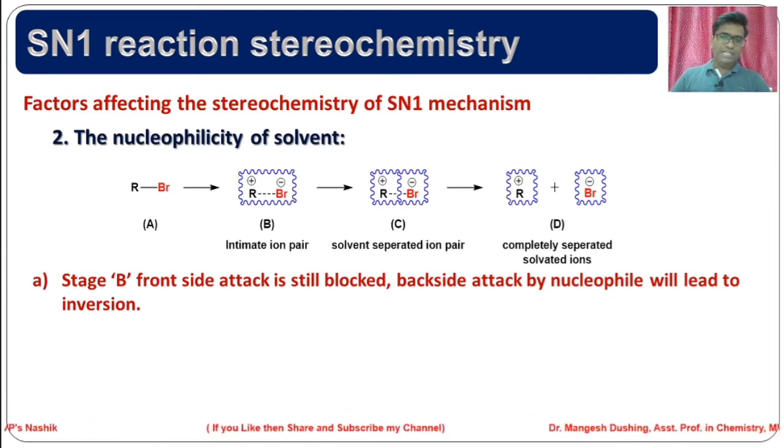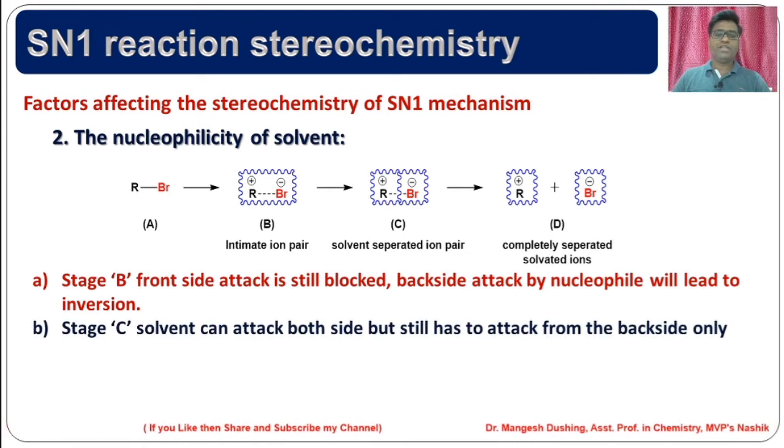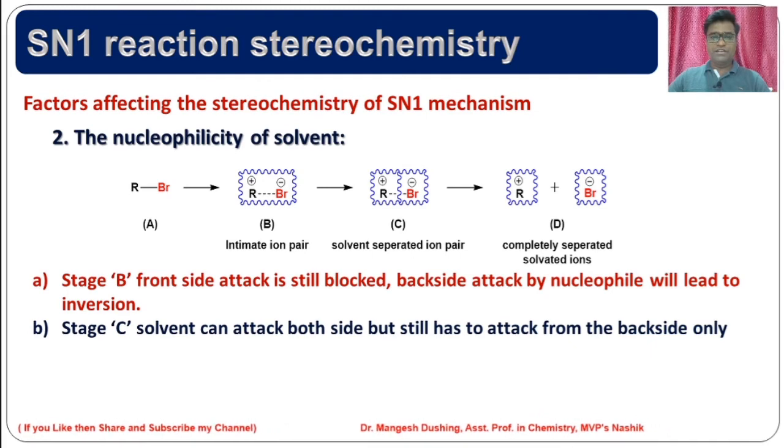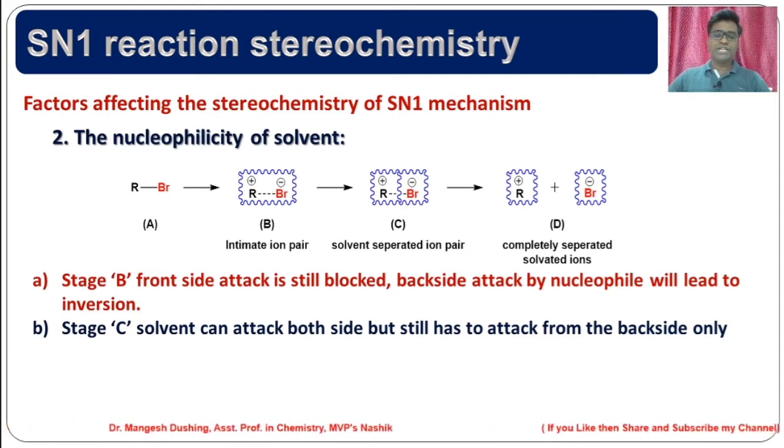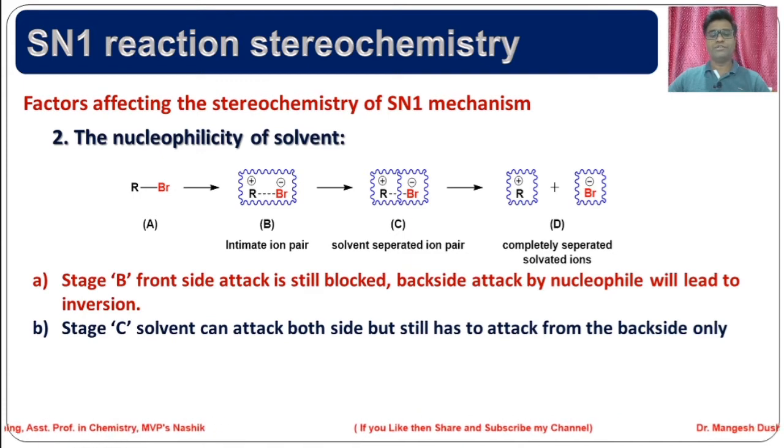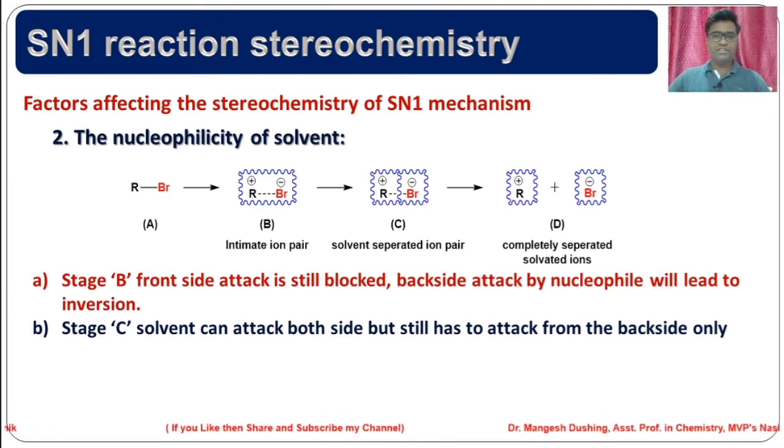At stage C, the solvent can attack from both sides, the front side as well as the back side. But still, front side attack is less feasible, because there is a Br minus present. Because of this leaving group, the front side attack is less favorable and the backside attack is more favorable.